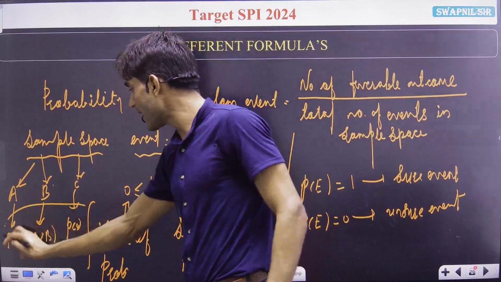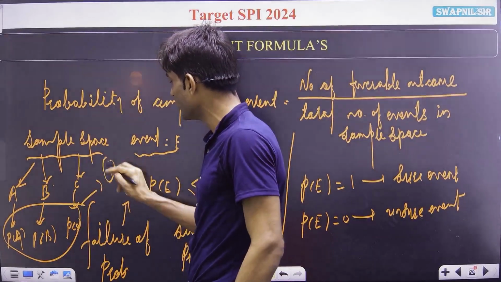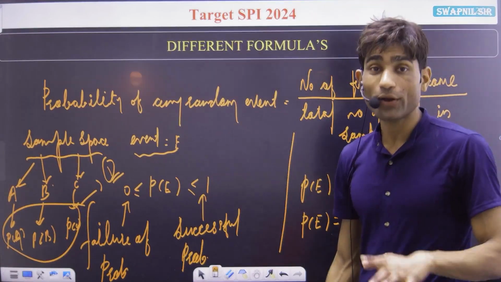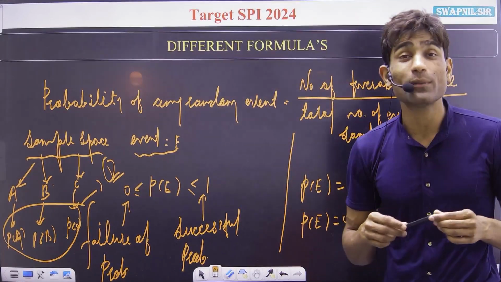So if we add all these probabilities, we always get the value 1. Always remember these formulas. They are very important in your upcoming exam.